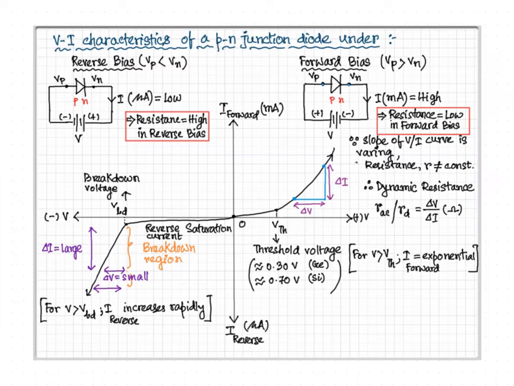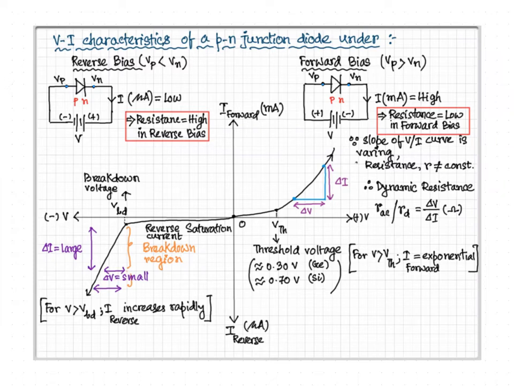Now let us see what is the definition of reverse bias. When the diode is connected such that the potential of the junction P, Vp, is less than the potential of the junction N, denoted by Vn, then the diode is said to be connected in reverse bias.